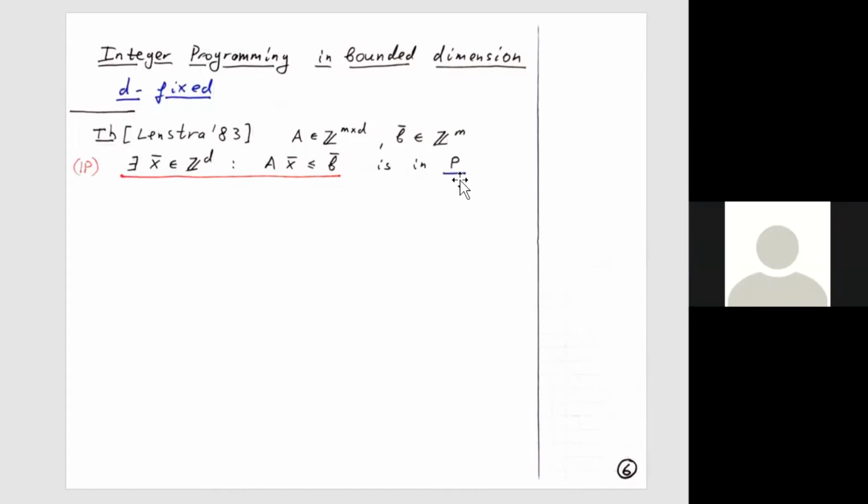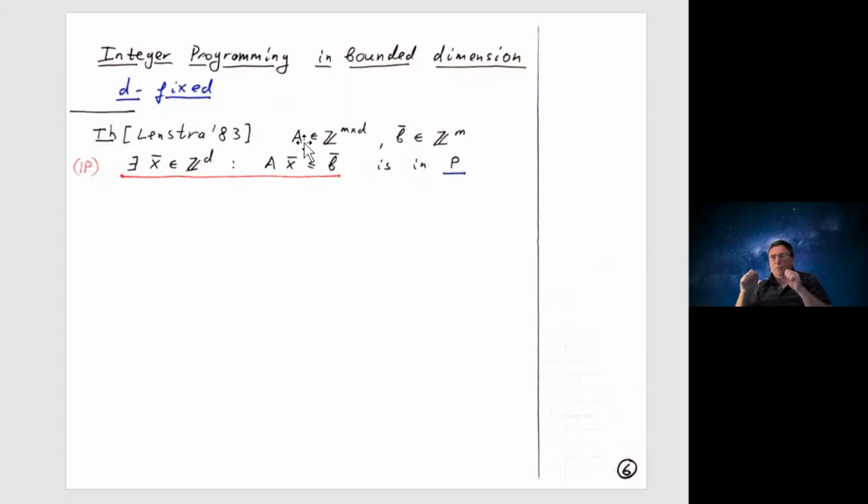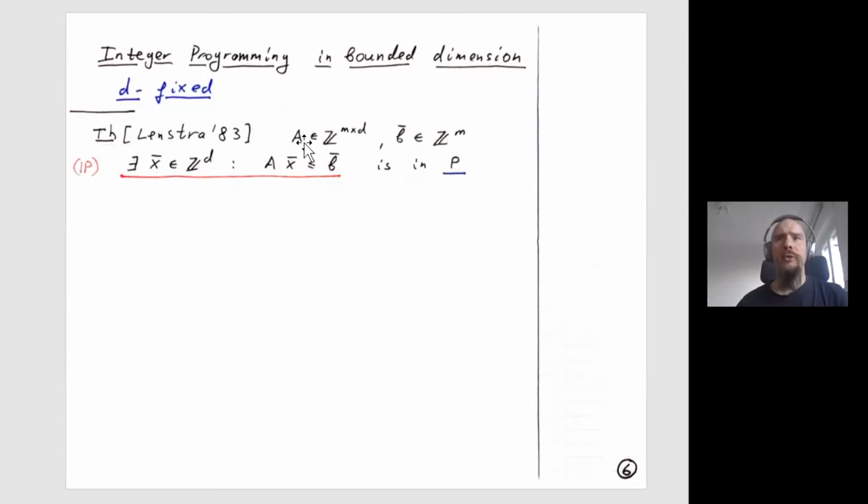So the total size of input. The total size of the input is the sum of the bit lengths of numbers in this matrix. So you should think of this matrix as encoding the whole input, and the input can be large.